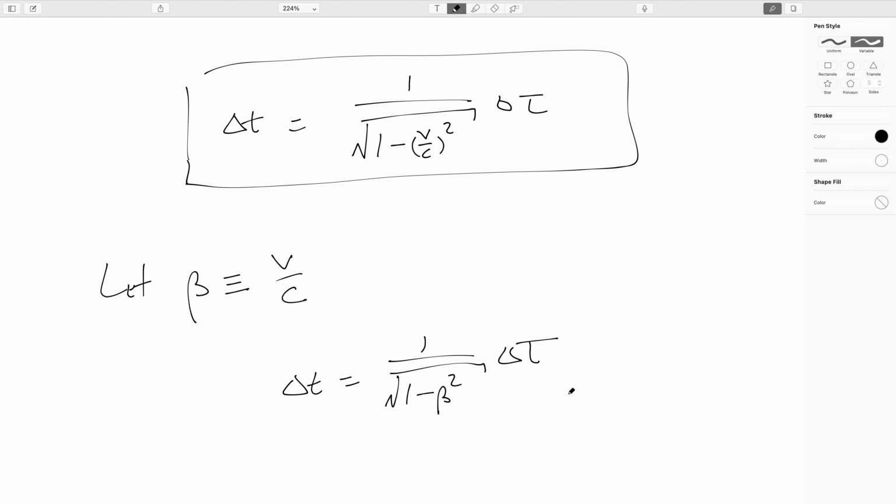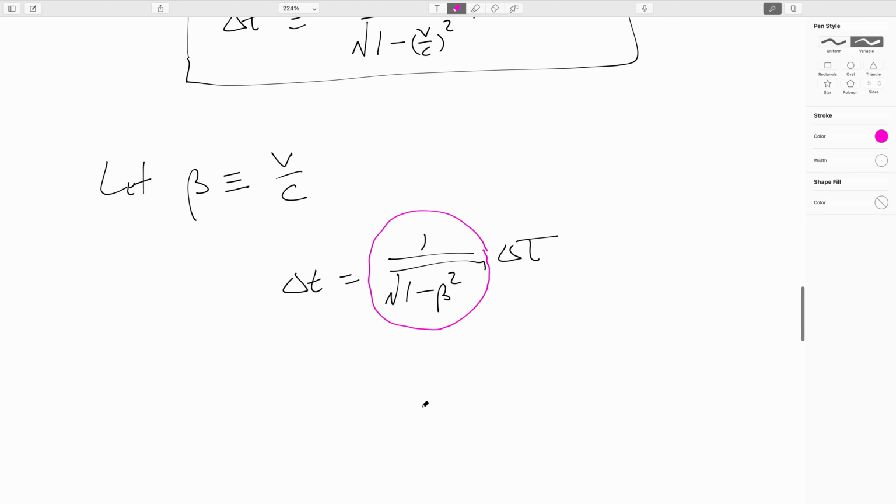And it turns out that this combination here, 1 over the square root of 1 minus beta squared, shows up so much that we give it its own name too. We define this to be lowercase gamma.